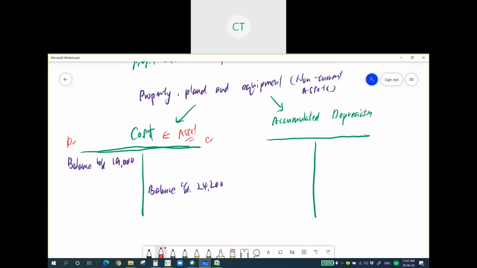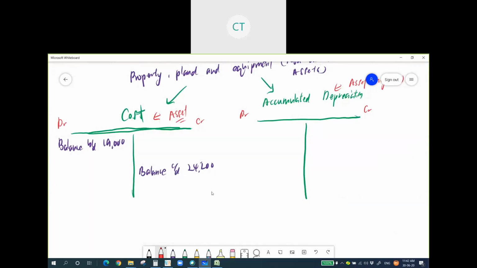Right, so this is the information we have from the textbook. And next, we are going to record the amount for the accumulated depreciation. Accumulated depreciation is also under the company asset, but this is a negative amount. That's why the direction for your accumulated depreciation will be totally opposite compared to your cost. So let's get the information for your accumulated depreciation first.